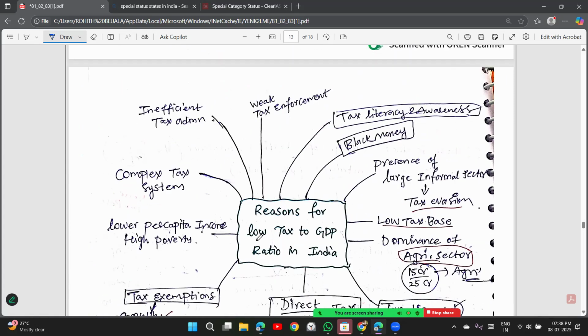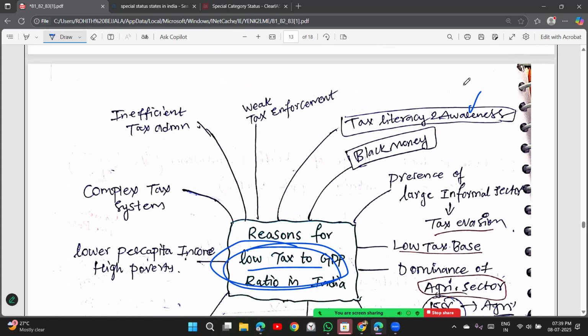So why the low tax to GDP ratio? When you compare tax with respect to GDP, it's very low. Why? Tax literacy and awareness. The people are not paying proper taxes, and people don't have that much awareness. And the complexity is also there in paying the taxes.